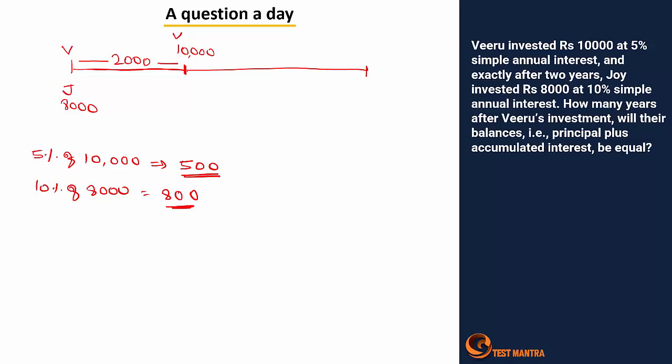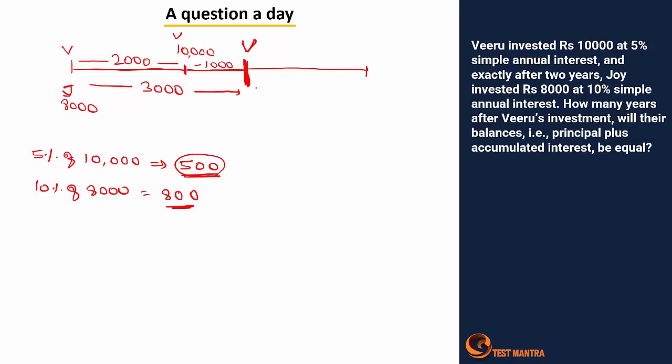So in these 2 years, this person Viru would have traveled, according to this, 500 every year. So that means in these years he would have traveled 1,000 more, right? That means the person is at this point. So Viru right now is at this point, and Joy is at this point. The gap between them is nothing but 3,000, right?